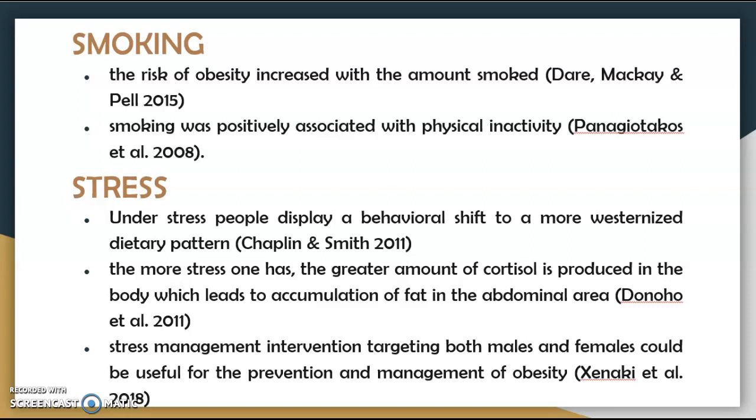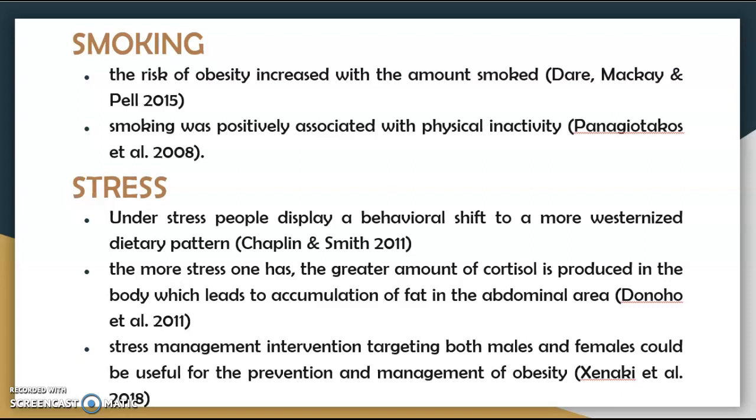Under stress, people tend to display a behavioral shift to a more westernized dietary pattern, like emotional overeating, overconsumption of high-fat, salt, and sugar foods, and less intake of fruits and vegetables.